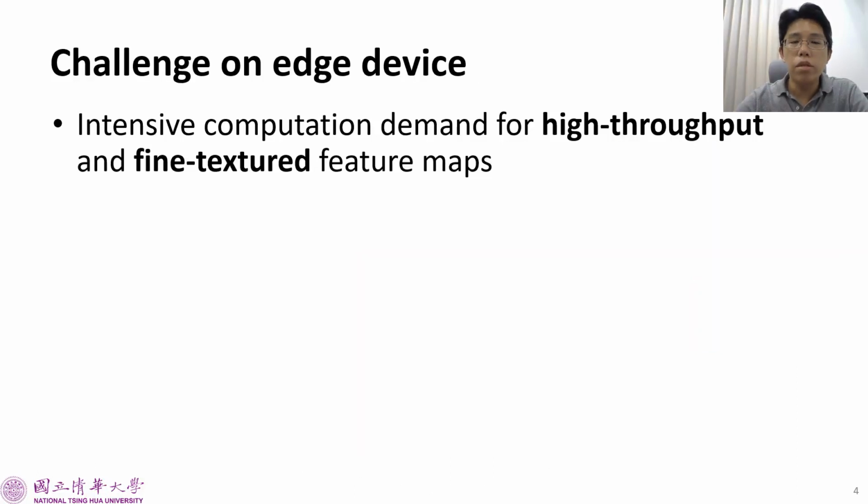However, this opportunity comes with a difficult design challenge on edge devices. This is because CNN-based computational imaging requires generating high throughput and fine textured feature maps. And this leads to an intensive demand of computation.